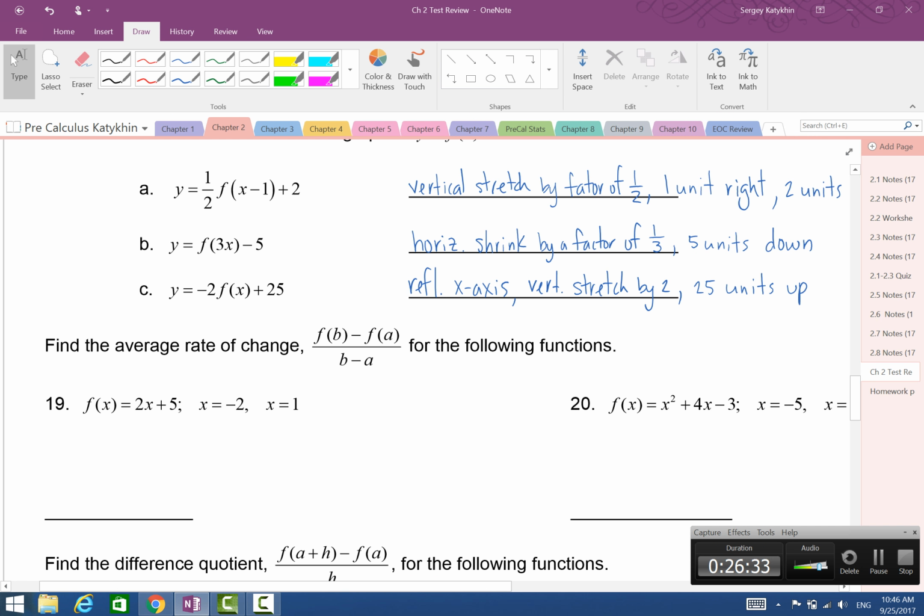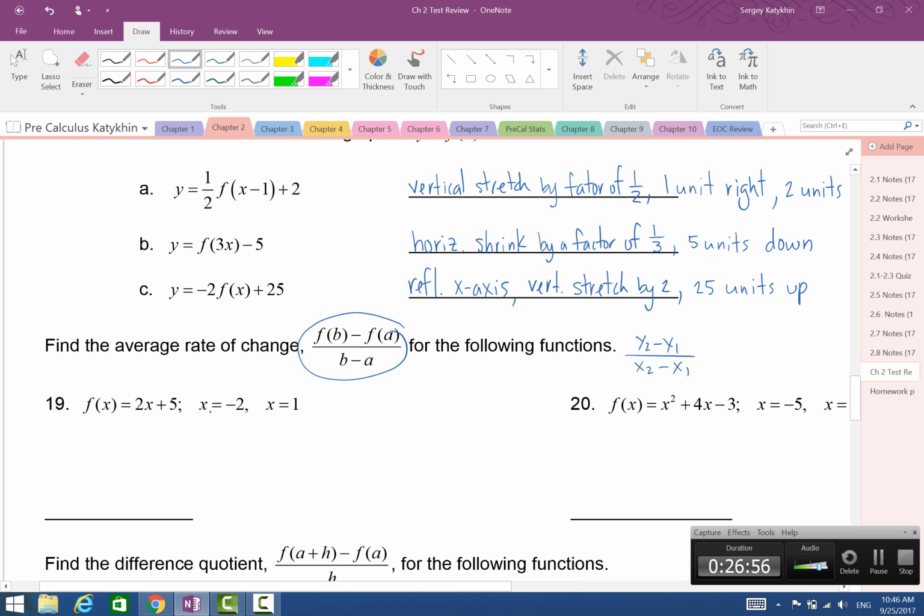So finding the average rate, remember, if you're getting confused by this formula, remember what I said, go ahead and use this one, x2 minus x1. Average rate is just slope. So it should be y2 minus y1 divided by x2 minus x1. This is just slope.